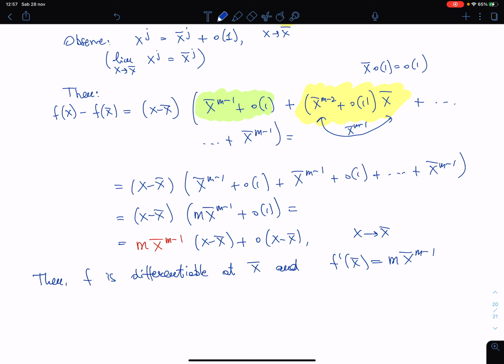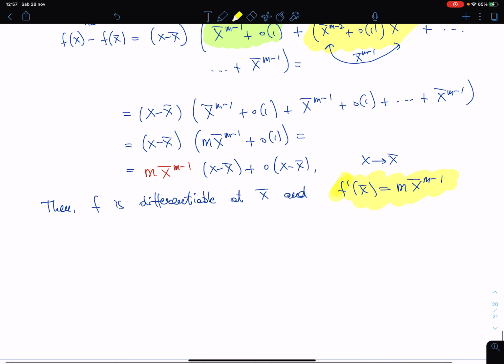Okay? So this is the second elementary derivative I wanted to compute. And the third here is again a function defined on the whole real line, f from R to R, and f of x is equal to sine of x.